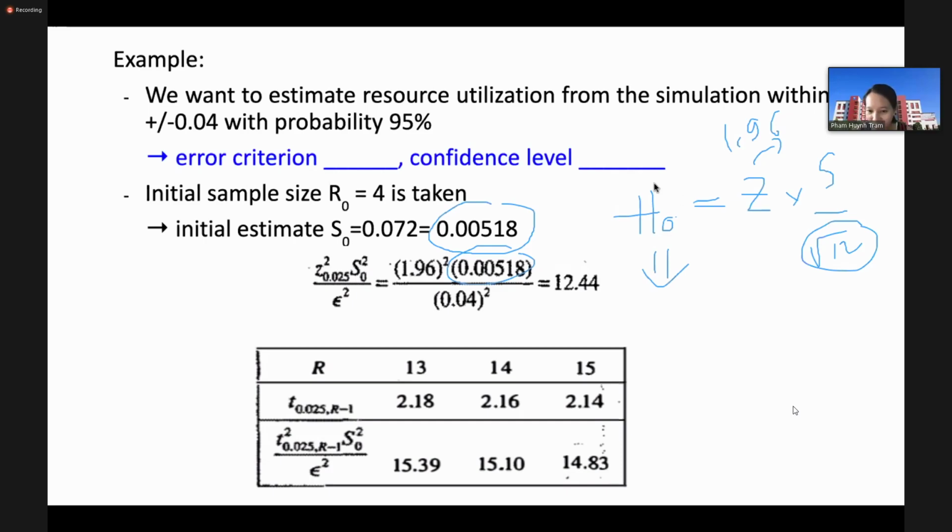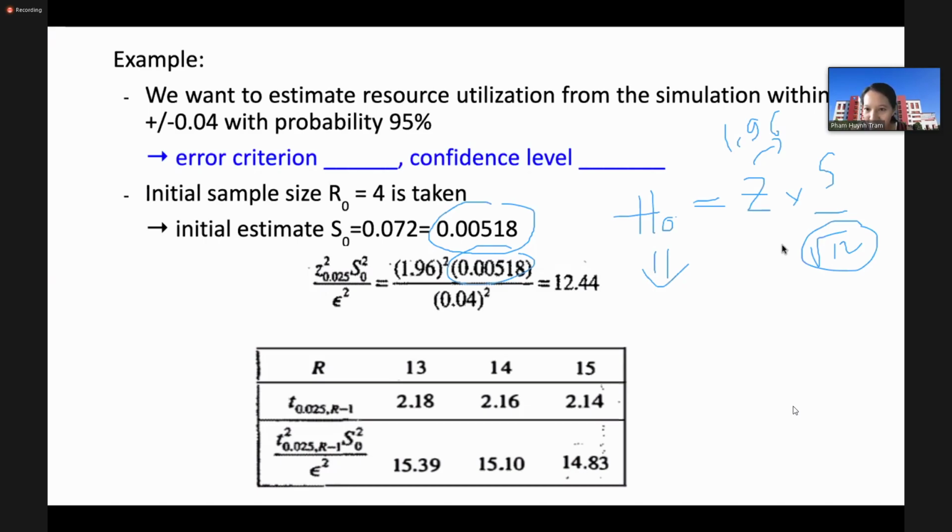Okay, I'm waiting for you to give me a number for our initial half width before replication. Okay, thanks.